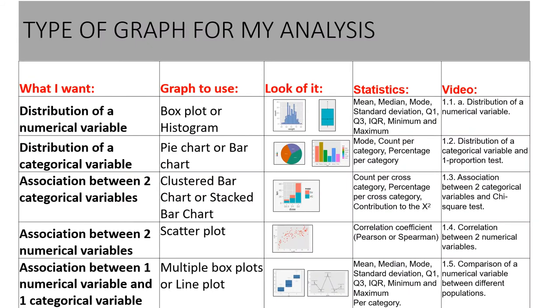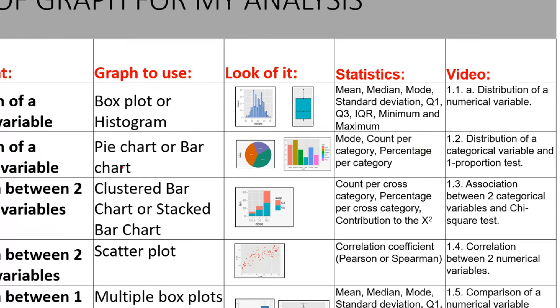So what type of graph are we going to use to represent the distribution of a categorical variable? It would be the pie chart or the bar chart. In the second row of that slide, we count the individuals per category in your data set. Let's say you have 25 patients and blood group 1, blood group 2, blood group 3.